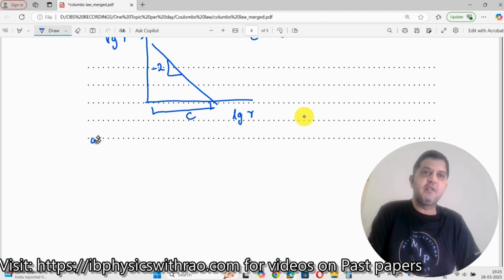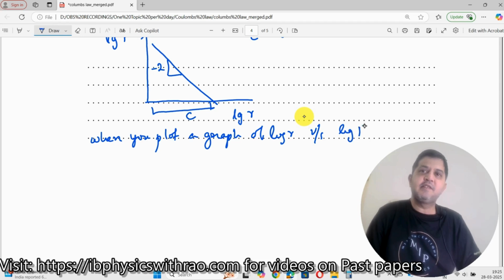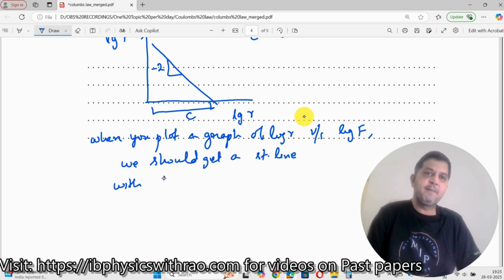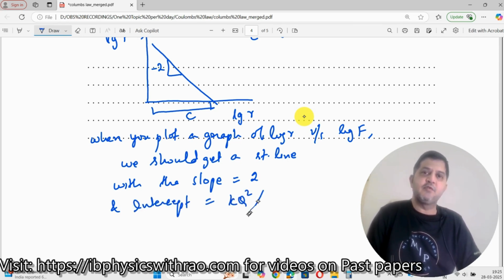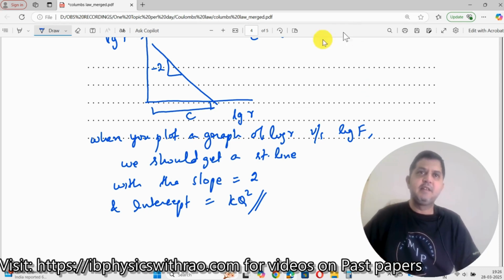When you plot a graph of log r versus log f, we should get a straight line with the slope equal to 2 and intercept equal to kq. When we get this, then definitely we will find out the relationship connecting these two, and it is correct.